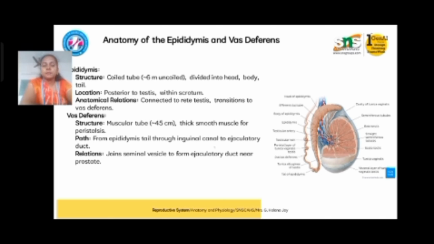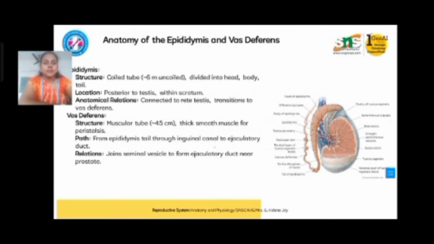Next, the vas deferens is a muscular tube, made up of smooth muscle that moves sperm by peristalsis. From the epididymis, the tail gets connected through a canal.